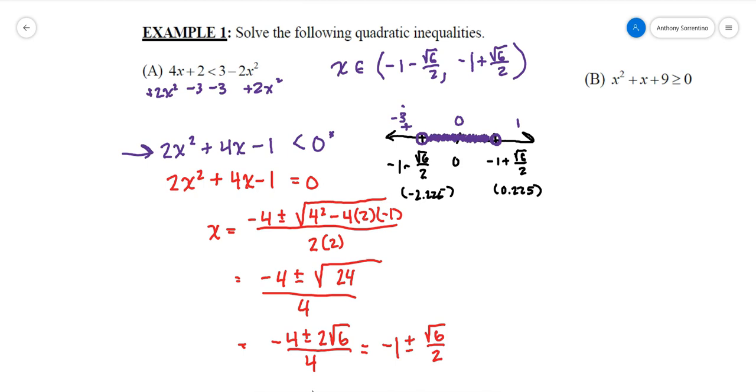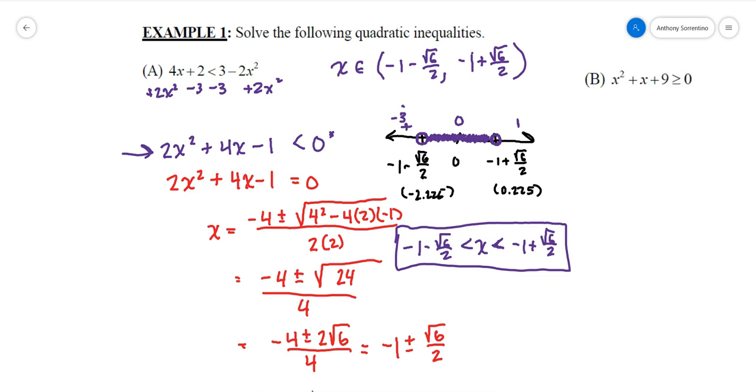Anything between those values is a solution. If I'm not asked for interval notation, I could have also written x is less than -1 plus the square root of 6 over 2, because remember, we're still looking for exact solutions. That could have also been the solution, written as a standard inequality.